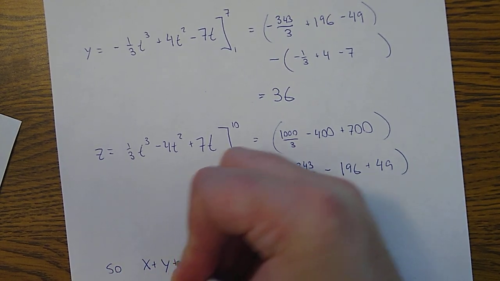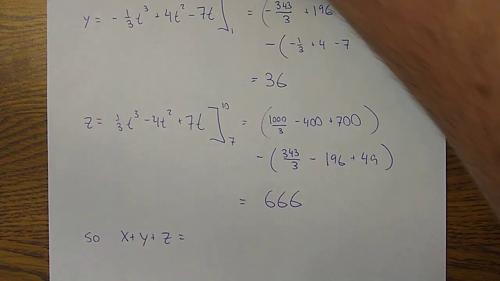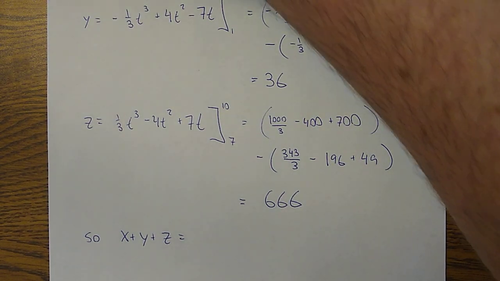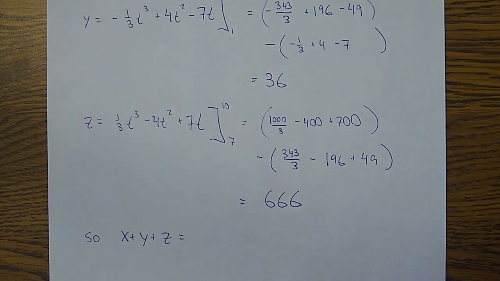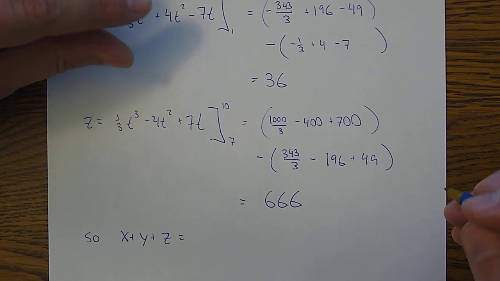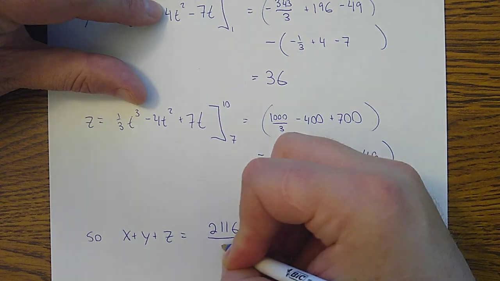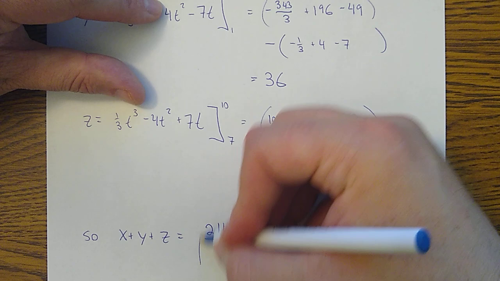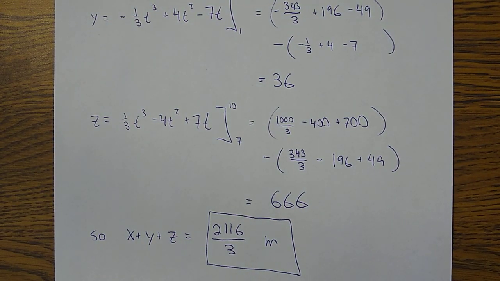So my final answer is x plus y plus z, which is, maybe I should do this in my head. I feel a little bit lazy about this, but I just want to get to the end here. 2116 over 3. This should be in meters. So that's it. That's the answer.